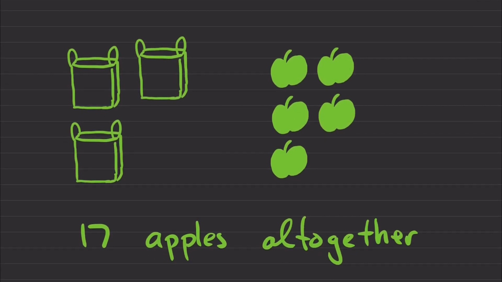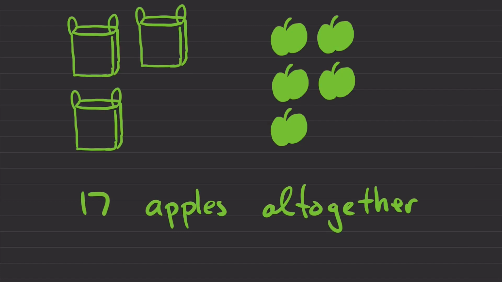Now, in this case, we have some extra information. We know that altogether there are 17 apples. That includes the number of apples in each bag and the apples that we can see. So I've got 3 bags and 5 apples, so I'll have 3x plus 5 apples.